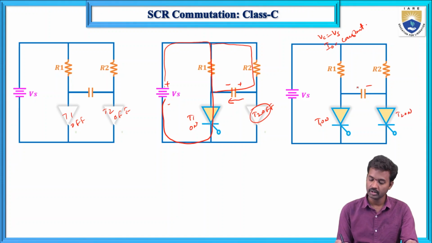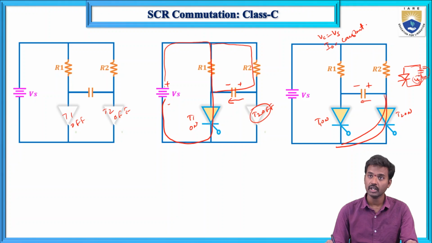Now T2 on means it is short circuited, and the capacitor acts with minus and plus polarity. The voltage Vs, a reverse voltage, a negative voltage, is applied to thyristor T1.